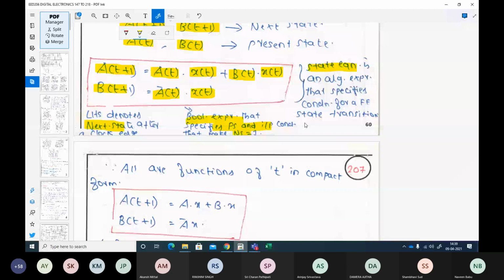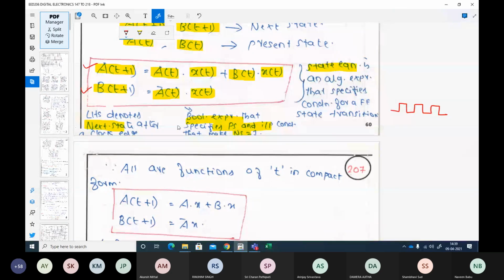Now it is always difficult to write t plus 1 every time. But we must be very clear that this t represents the clock transition. For every clock transition, there will be a change in your next state for a corresponding change in your input and your present state.